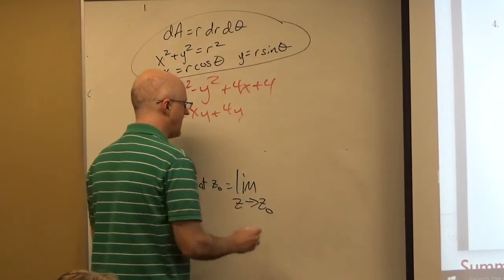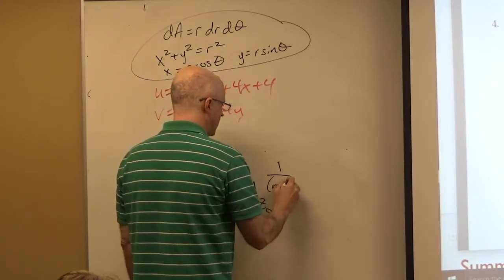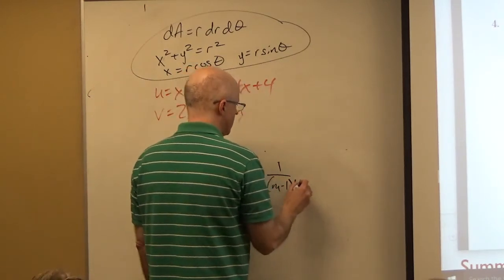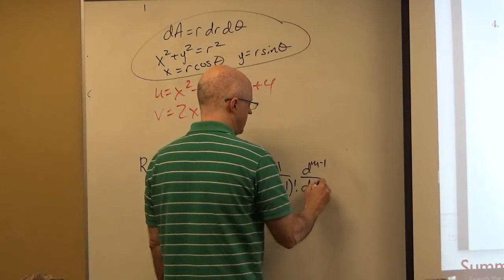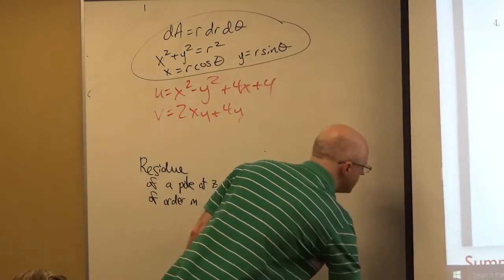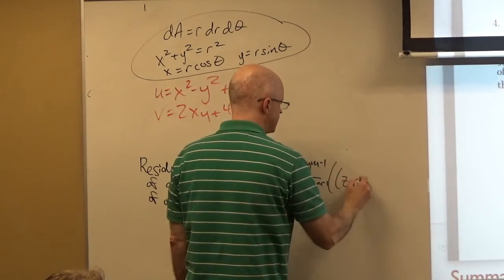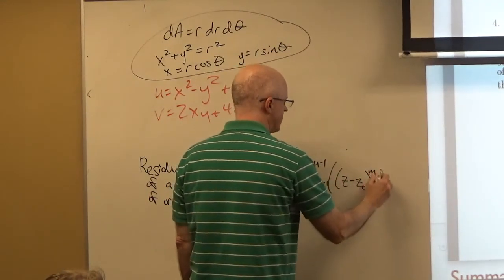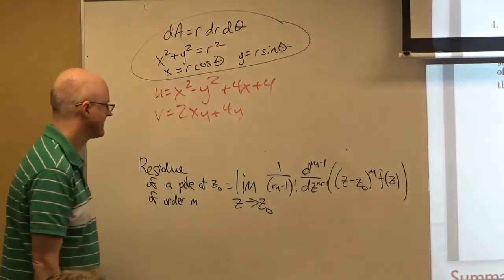As z goes to z0 of 1 over m minus 1 factorial times the m minus first derivative of z minus z0 to the mth power times the function that's got the pole of order m at z0.